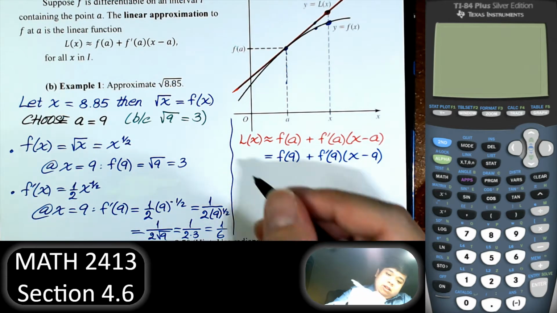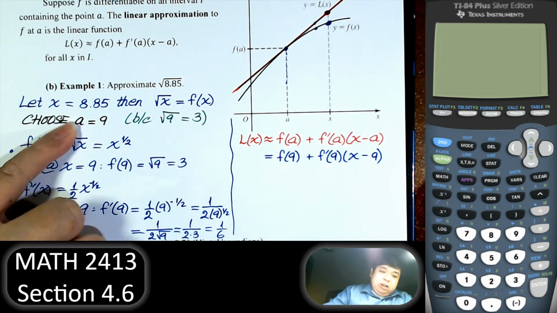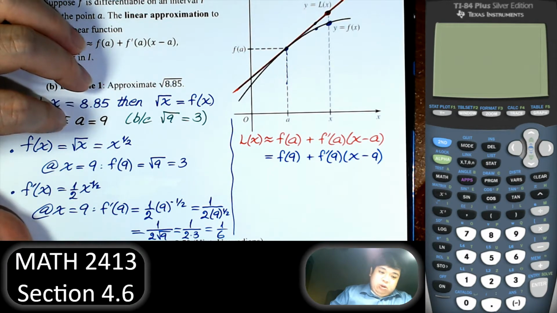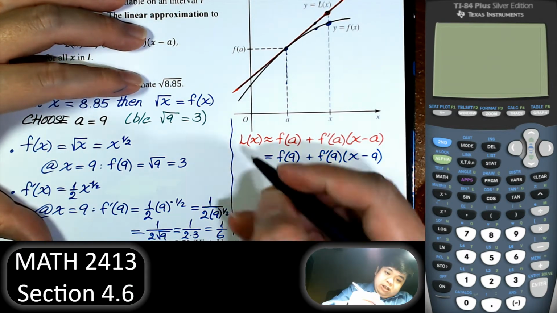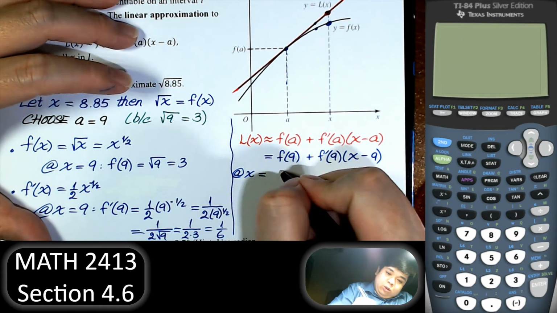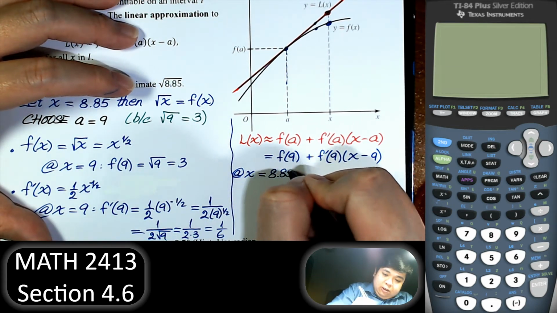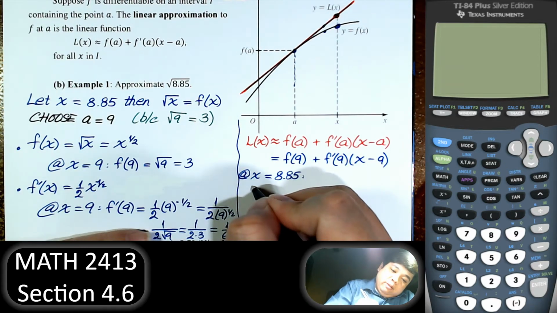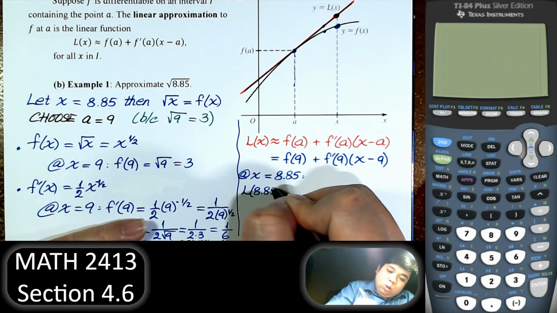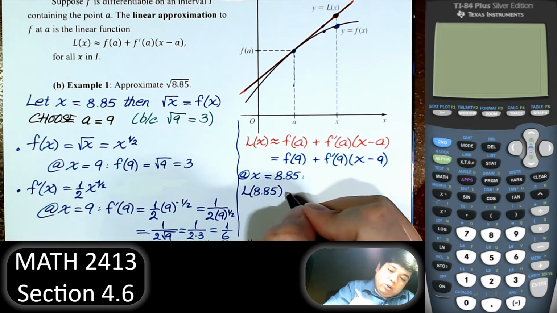Now we will substitute x equal to 8.85 and a equal to 9. So at x equal to 8.85, we have f of x, which is the square root, the value we are trying to approximate here.